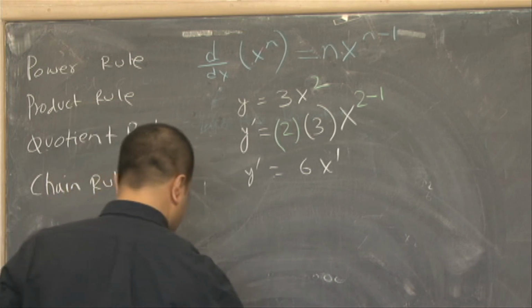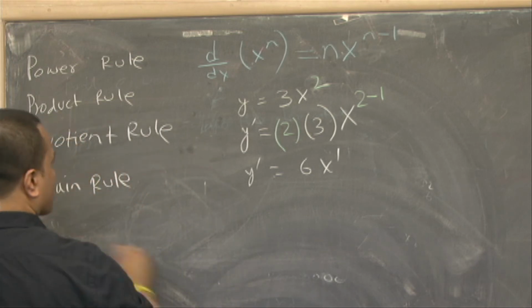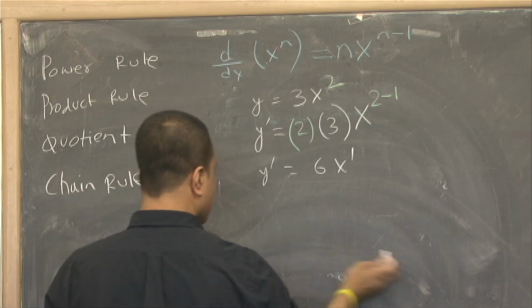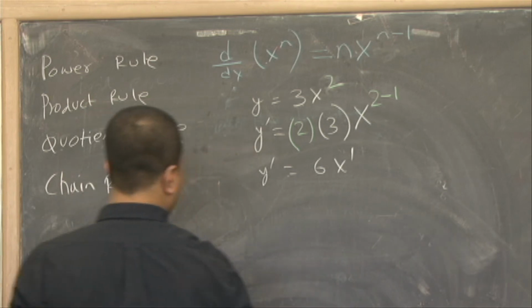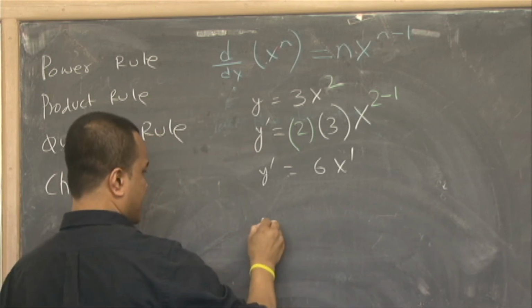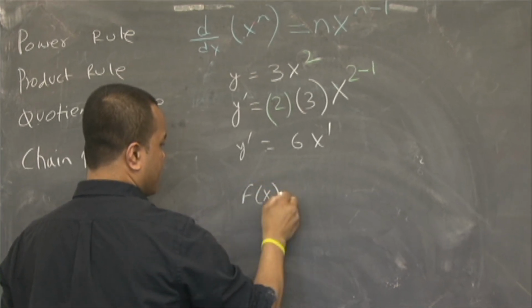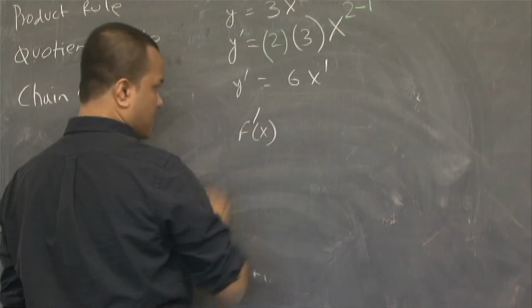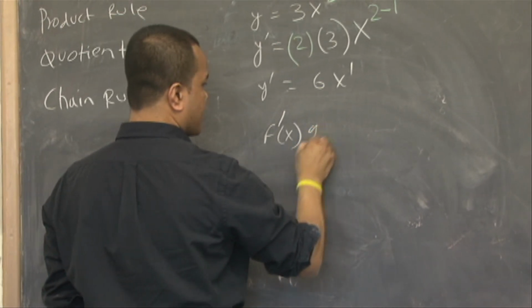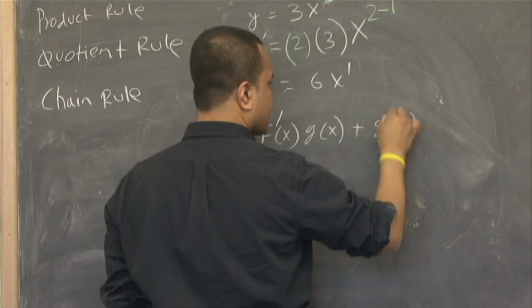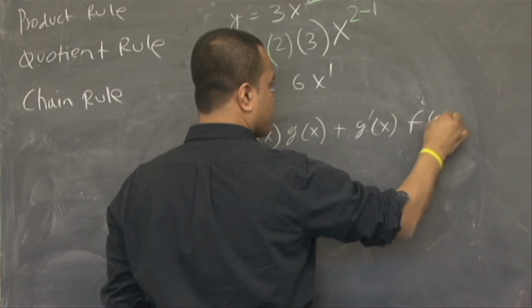So let's do the product rule. The product rule basically says that the derivative of f of x is the derivative of first times second plus derivative of second times first, right?